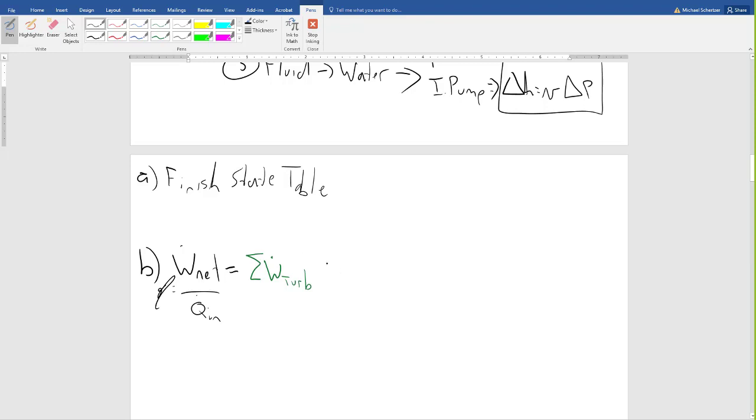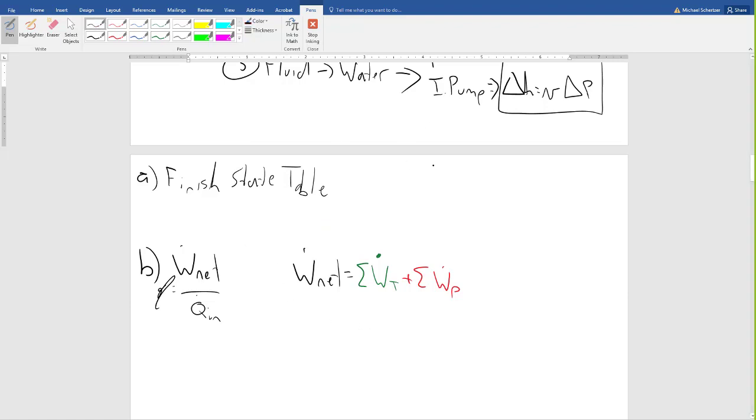But I kind of made a mess of this whole thing, right? So now W.net is going to be equal to the sum of all the turbine powers. Those are positive, so I'm doing that in green, plus the sum of all the pump powers, which are negative. I'm going to do those in red, right?